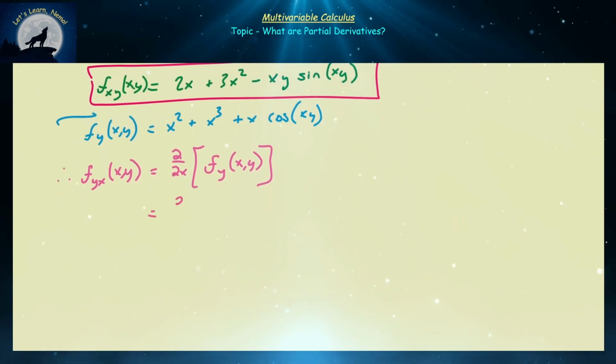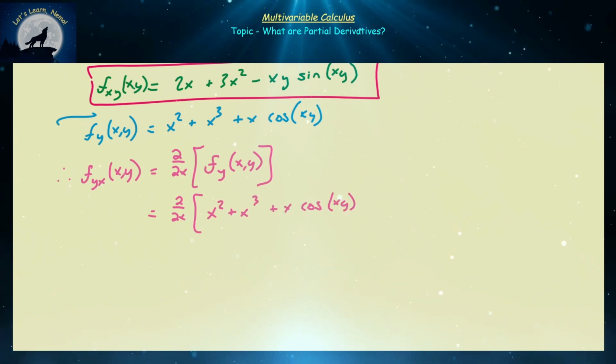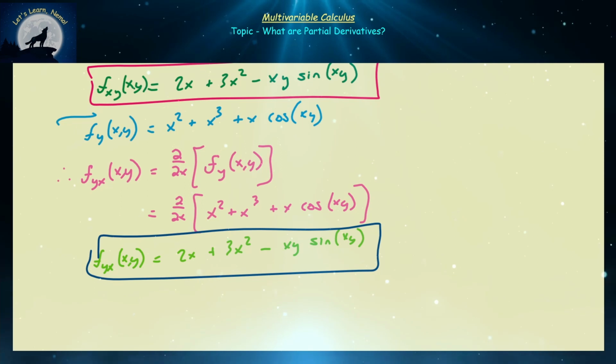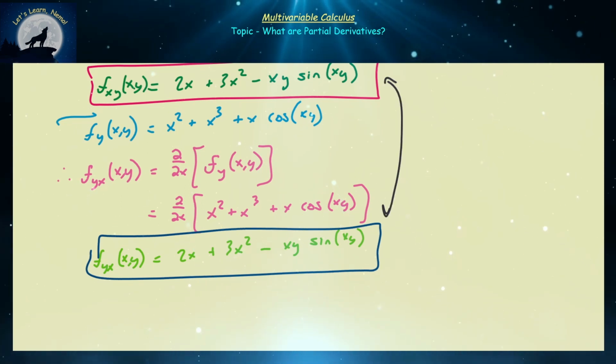So that's going to be the partial with respect to x of x² + x³ + x cos(xy). Keep a note, f_x and f_y were different functions. But when we take the derivative with respect to x here, we're going to have 2x + 3x², and then minus xy times the sin(xy). And this is going to be f_yx. See anything interesting here? You should see that f_xy and f_yx are equal to one another.